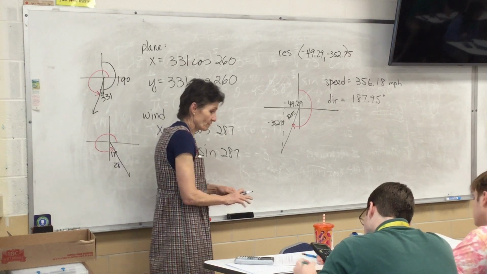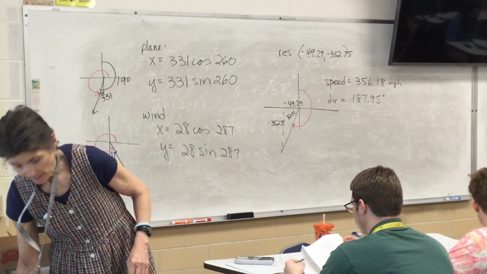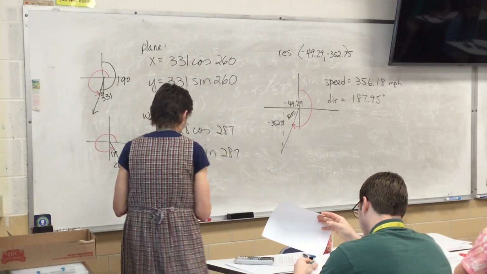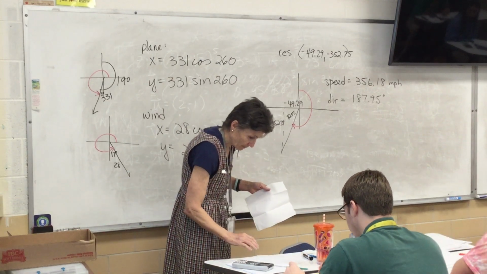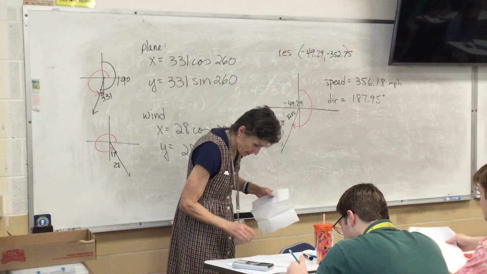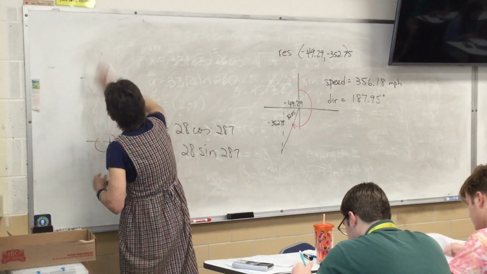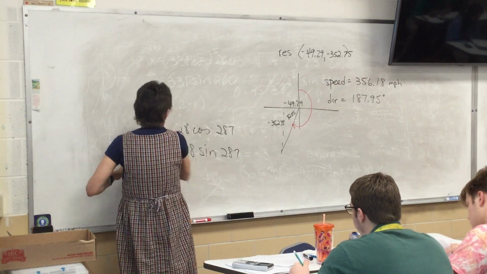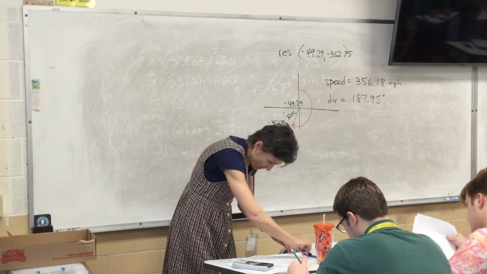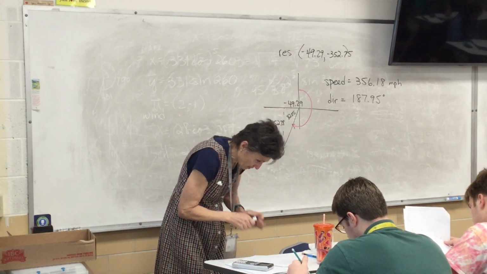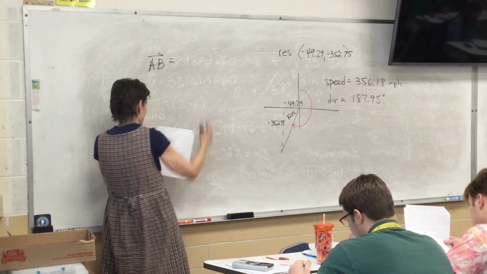All right, who else found something that we need to look at? Robert? Yes, 8E. 8E talks about vector AB, so the first thing I better do is find the coordinates of vector AB.